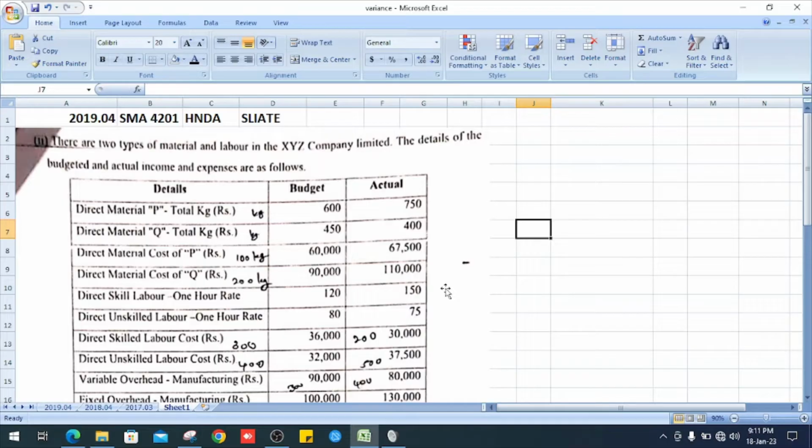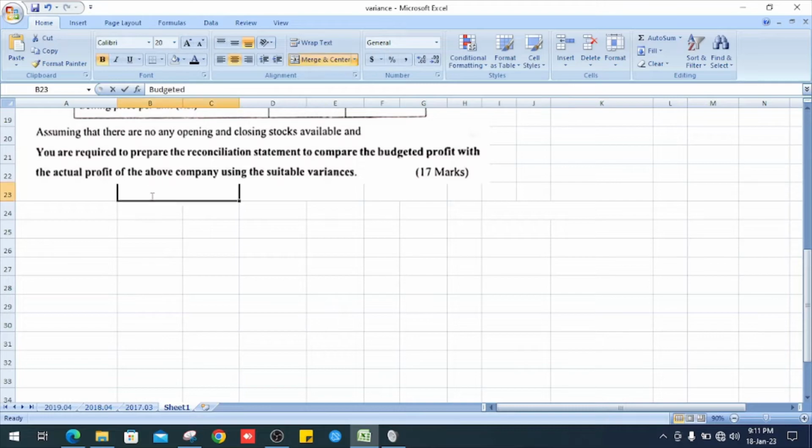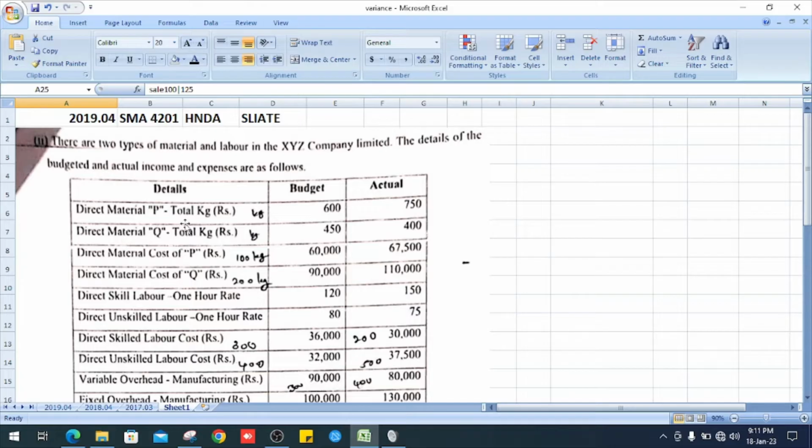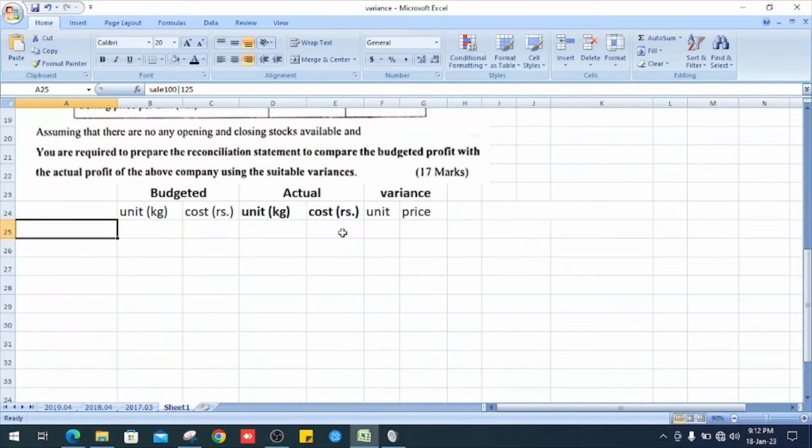Okay, we first copy the given information in here, the budgeted and actual and the variance. Next we get the unit and cost, same, and variance. First they give us direct material P and Q in kilograms and rupees.